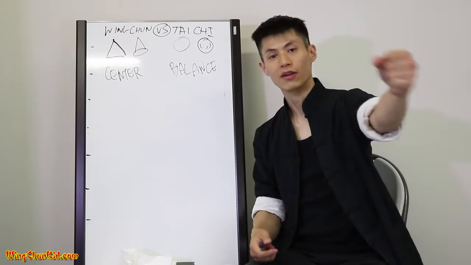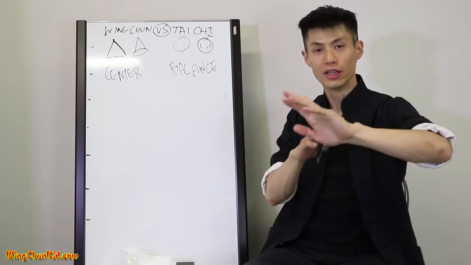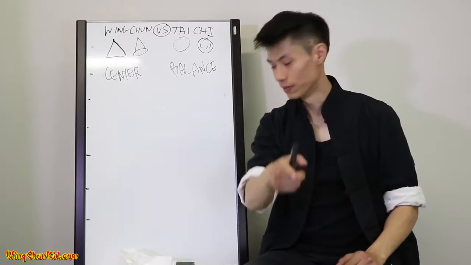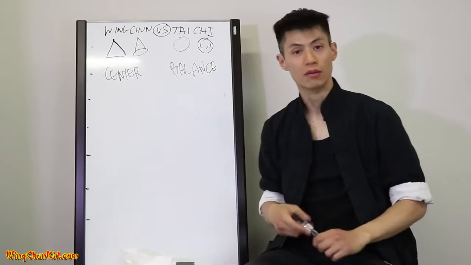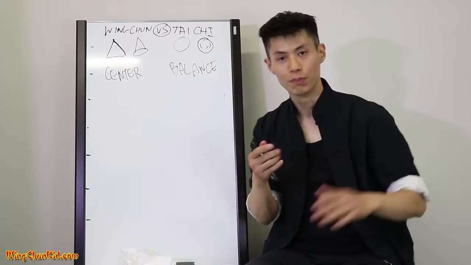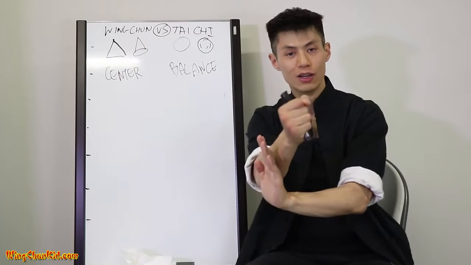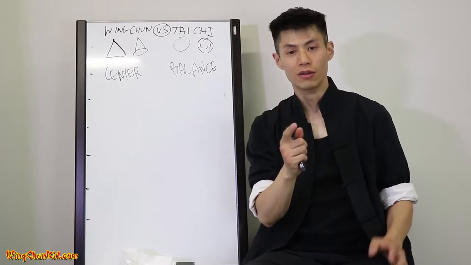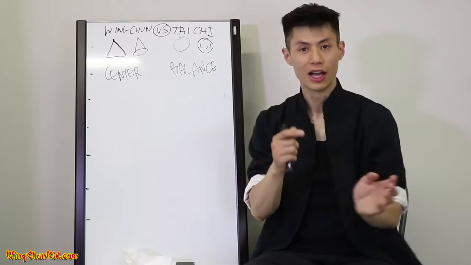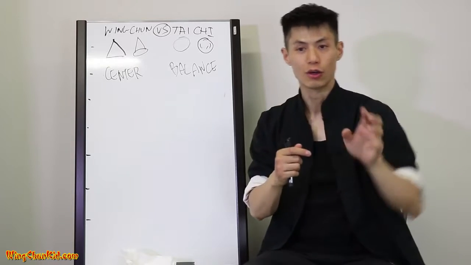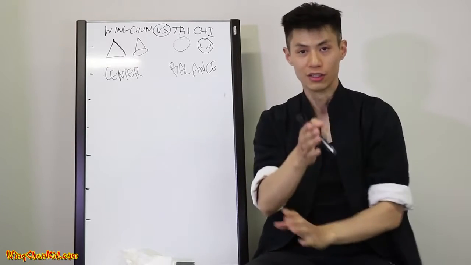So if there's an incoming force, they will move around it and then go back into the center. Right? So either they move it out of the way, like a pak da, or they will get around it with a lap, or rolling back, they'll go around it to go back into the center.